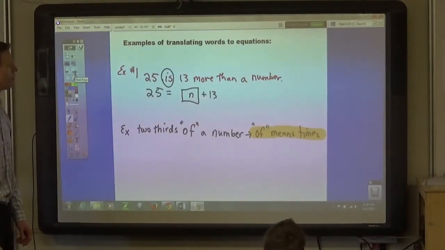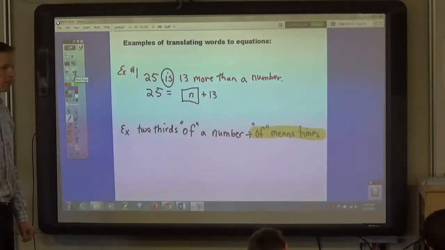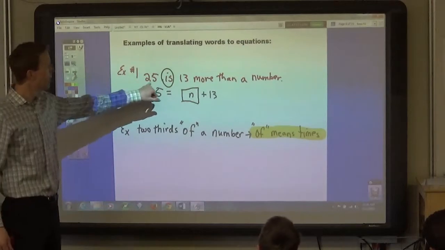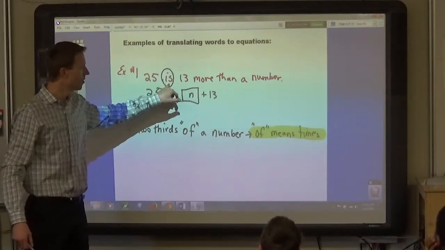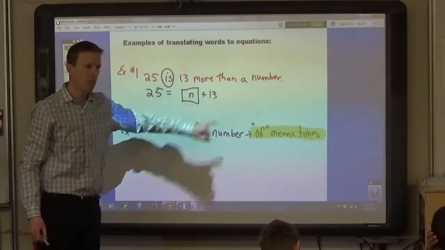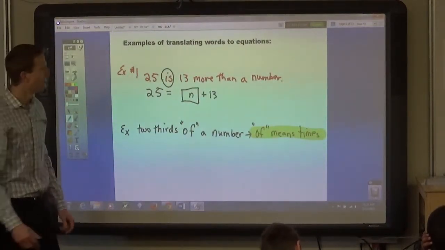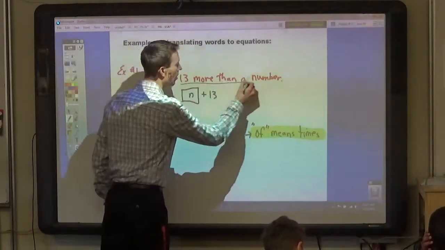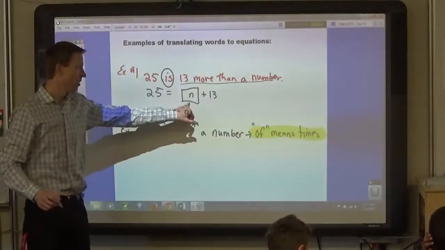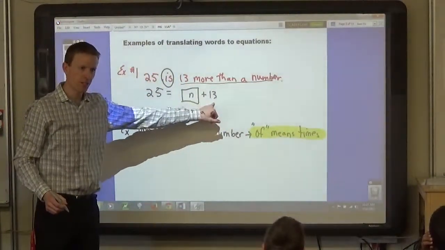Look at this example. This one has two sides. 25 is 13 more than a number. 13 more than a number is translated to this expression.